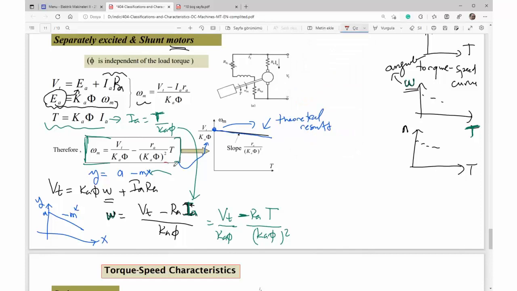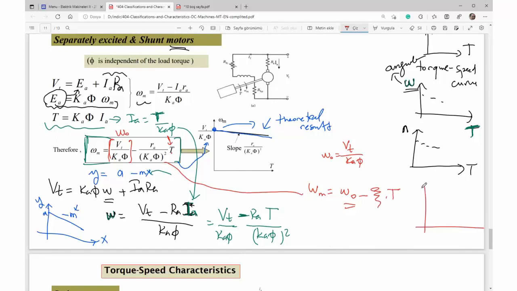Omega mechanical is equal to something constant, omega naught, when there is no torque. Let's say substitute 0, that is no load speed. No load speed is equal to Vt over Ka flux. That is omega naught minus a coefficient times torque.